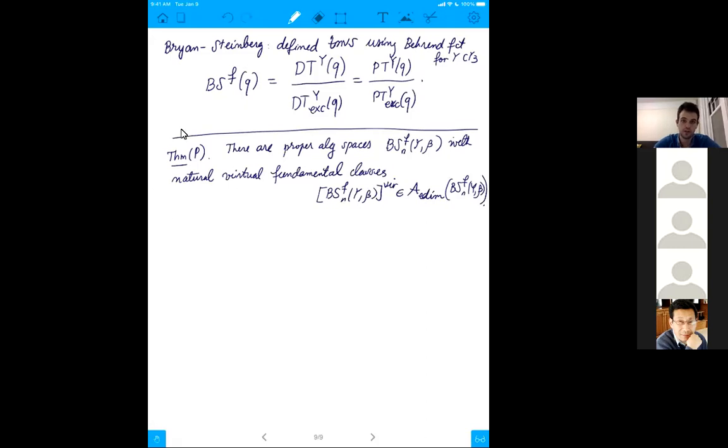So this allows us to define a generating series with insertions once again.